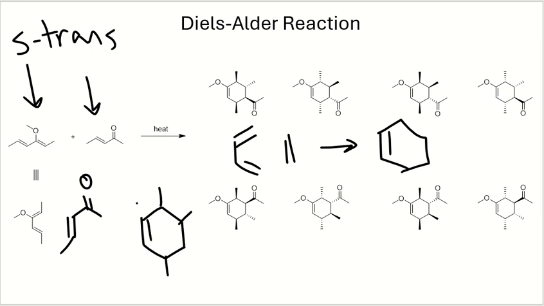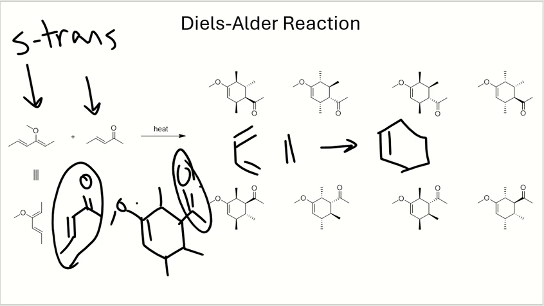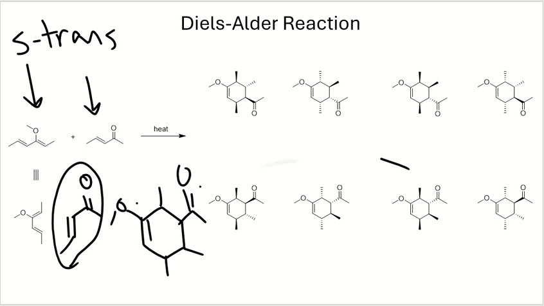Ignoring stereochemistry, I'm going to get this product. Now notice that my dienophile is trans. So that means in my product, my ketone and my methyl group need to be trans. So in all of my possible products shown, notice those two groups are always trans.